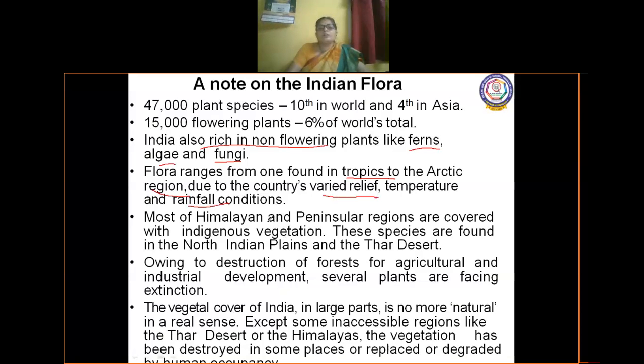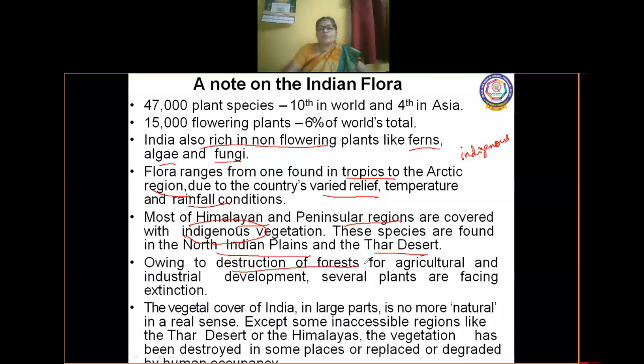Most of the Himalayan and Peninsula regions have indigenous vegetation. What is indigenous? They are not mixed with any foreign species. They have grown in this land for a long period of time without any influence of foreign species. So it's a natural growth in this land. These species are found in the North Indian plains and the Thar desert.